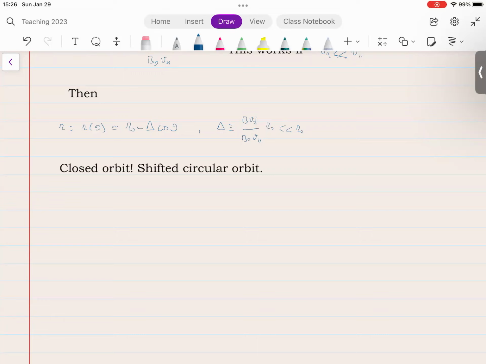But let's see if we can work out a more precise expression for delta, and if that tells us anything more. Delta is, again, B times V drift divided by B theta times V parallel, all times R naught. And that's going to be equal to R naught, B over B theta. I keep this part here.